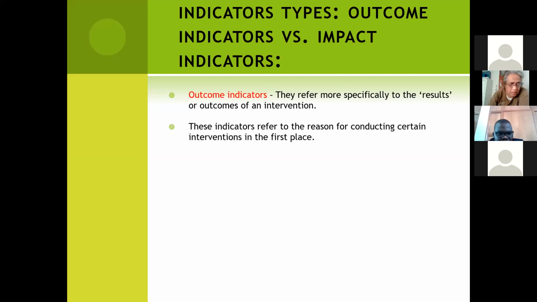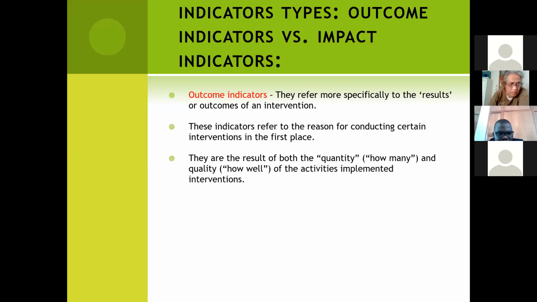And they are the result of both the quantity and also the quality of how well the activities were implemented in the interventions as much as possible.